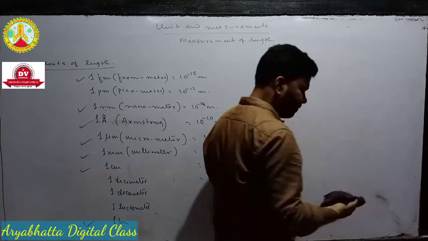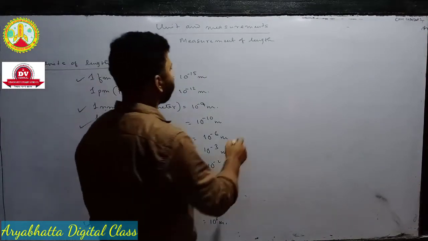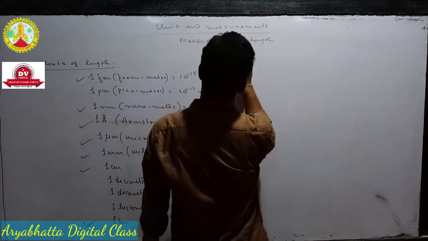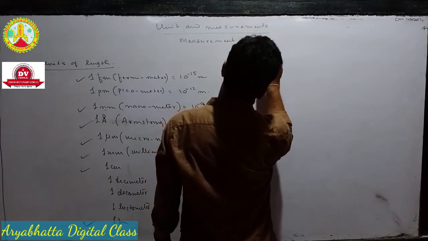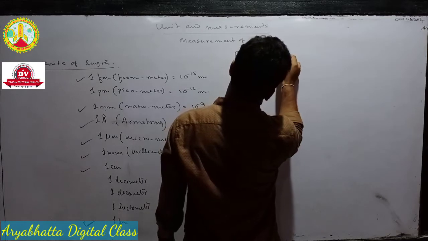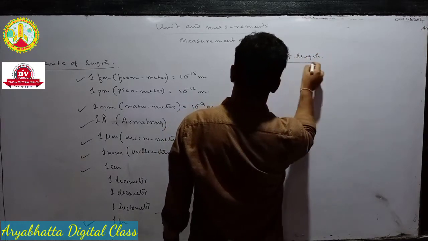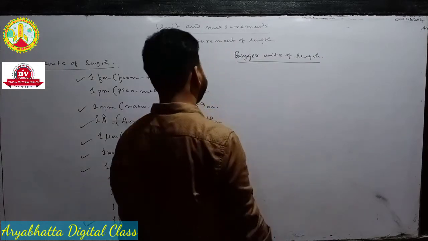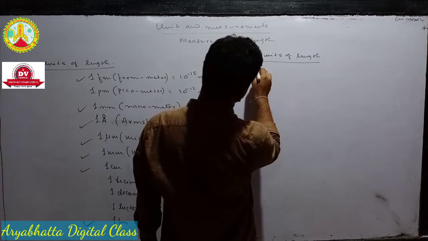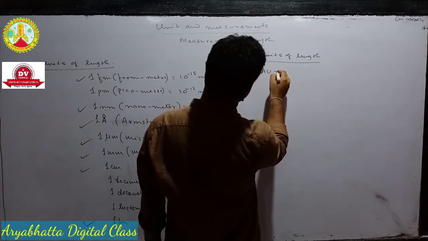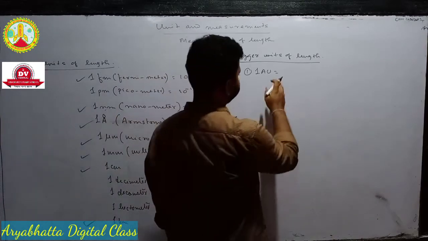So the first one is your astronomical unit. 1 AU means astronomical unit.